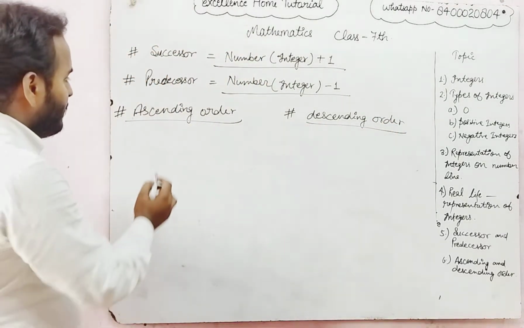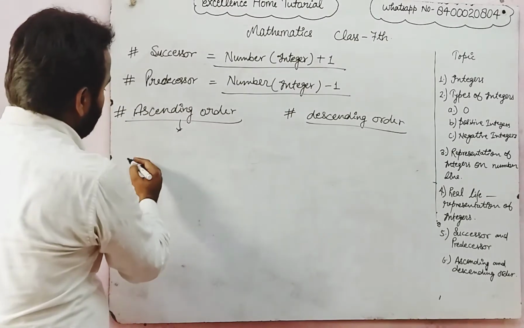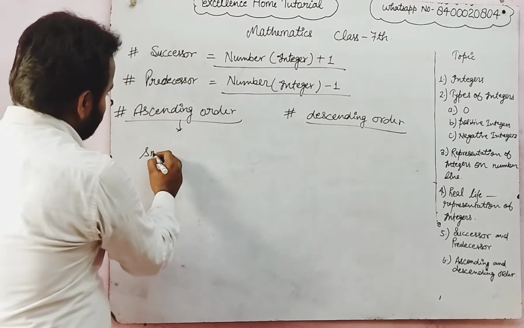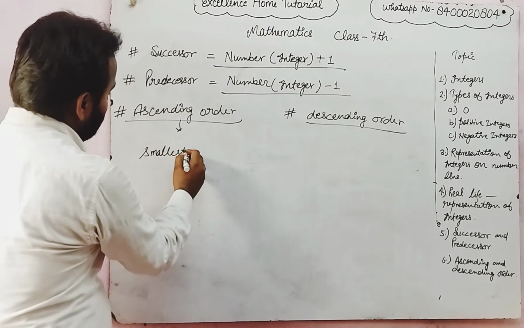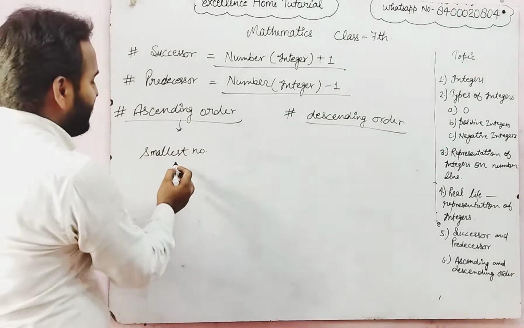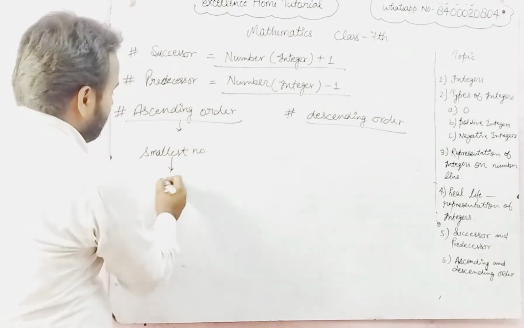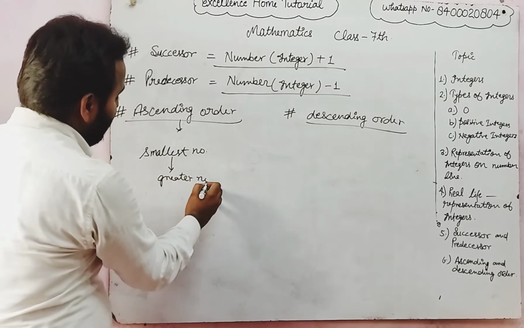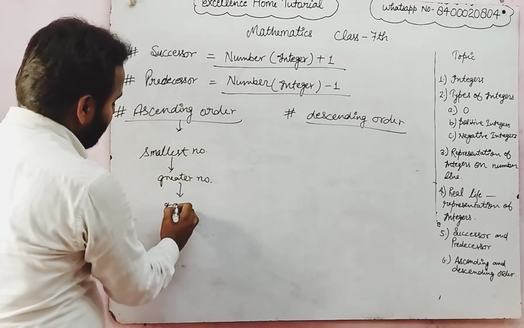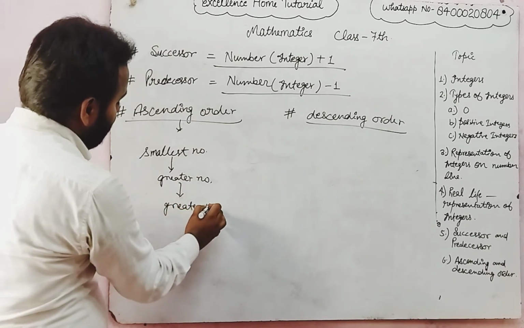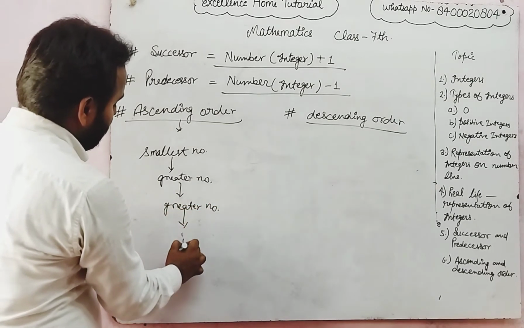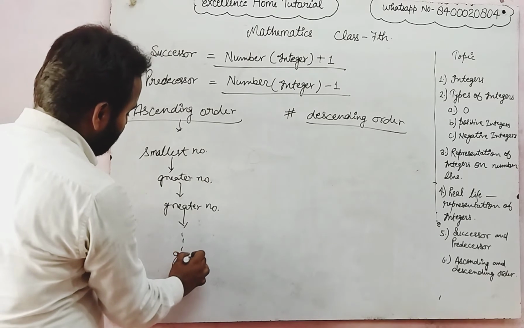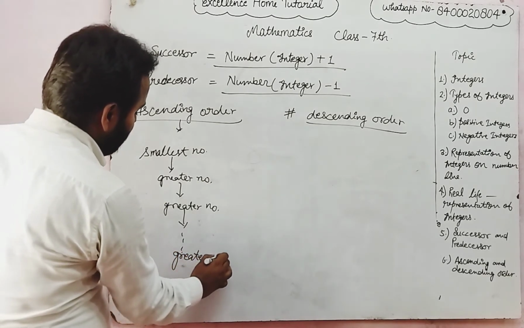Ascending order, in this order we have to write the smallest number, after that a greater number, after that a greater number, and so on, and at last the greatest number.